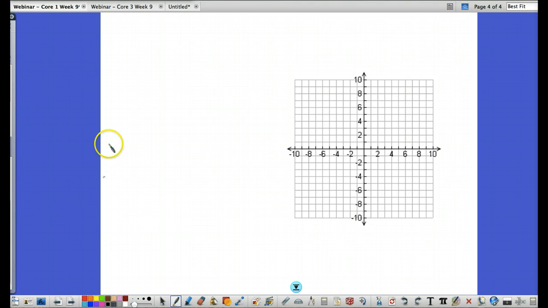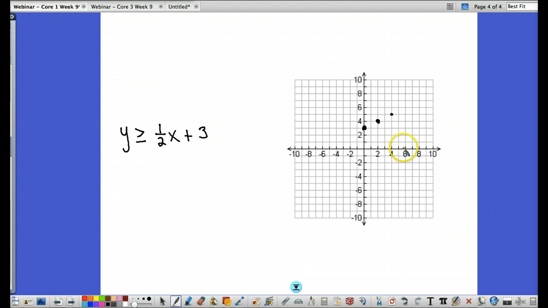So let's do this kind: y is greater than or equal to 1/2 x plus 3. I'm going to graph it. So 3 is my y-intercept, so that's where I make my first point. My slope is 1/2, so I go up 1 over 2, and I could do it again if I want.